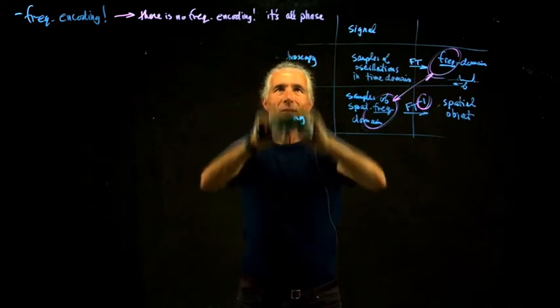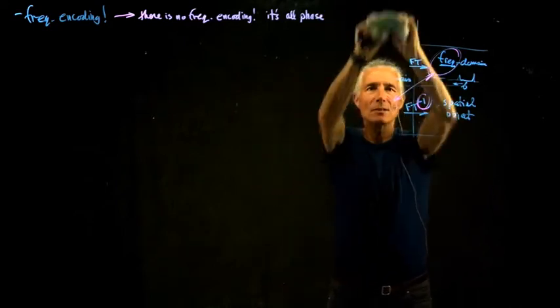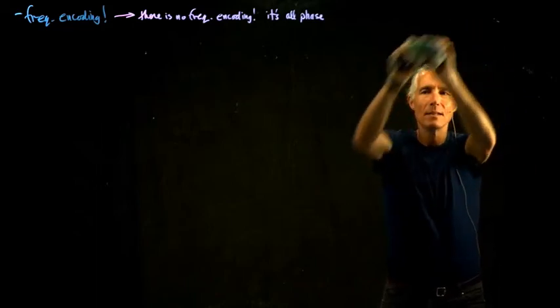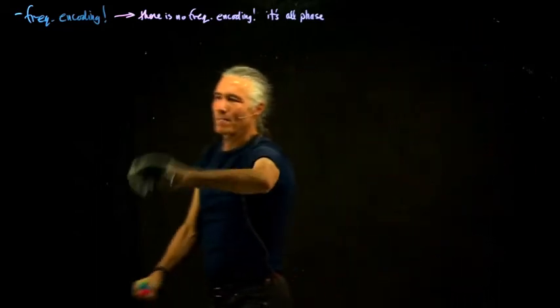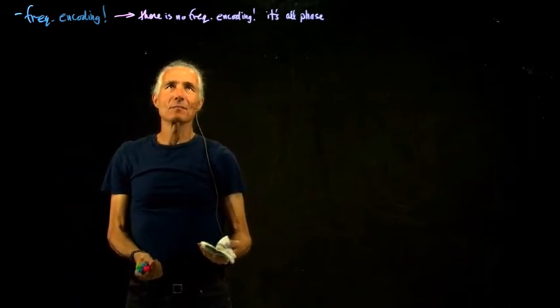So let's look at this with a concrete picture, just in 1D, of what's going on to the spin phase and why the spin phase is basically spatial frequency.